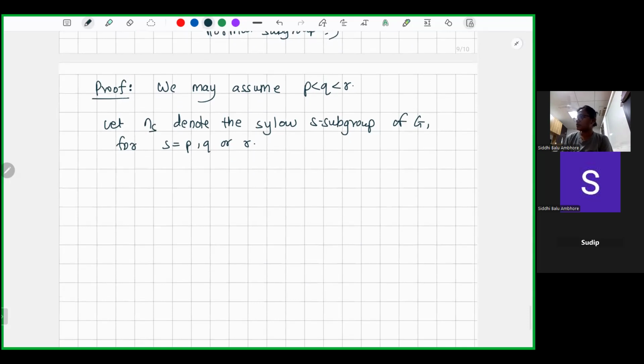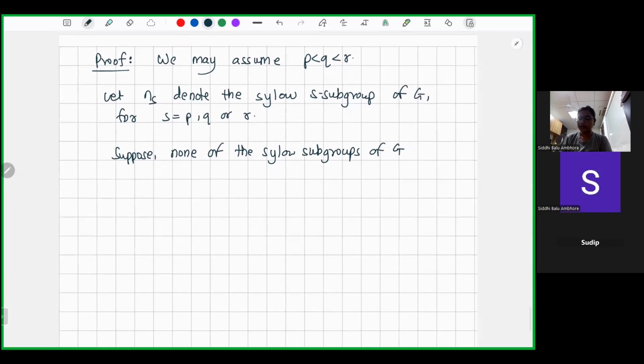Okay, and suppose none of the Sylow subgroups of G is normal. So NS is just the number of Sylow S subgroups of G. For P, I will denote it as NP, for Q, NQ, and for R, NR.